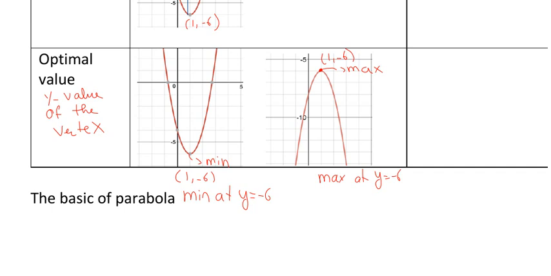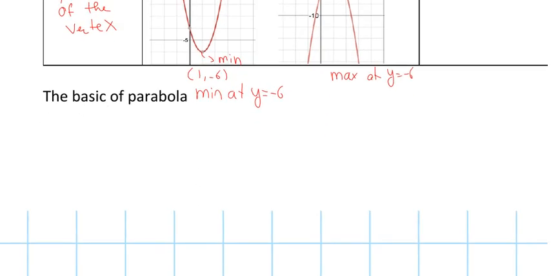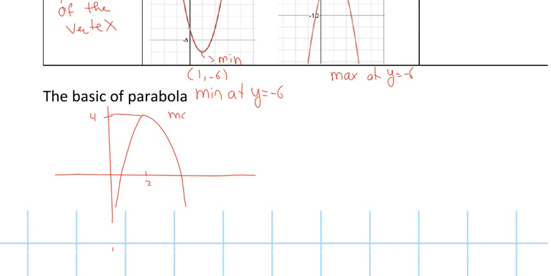Okay? So let me give you another example here. What's your optimal value? Is that how you're going to state it for me? Max at y equals 4.